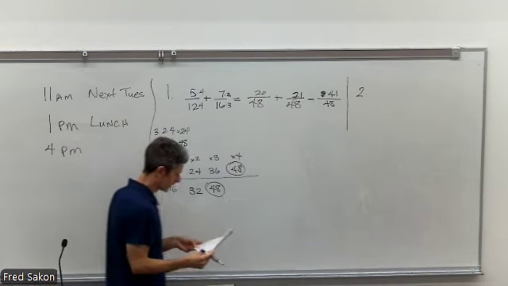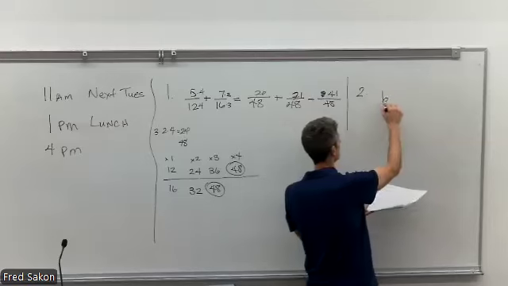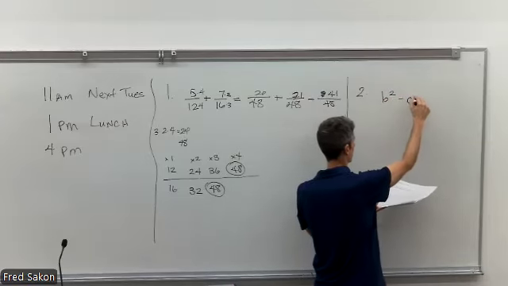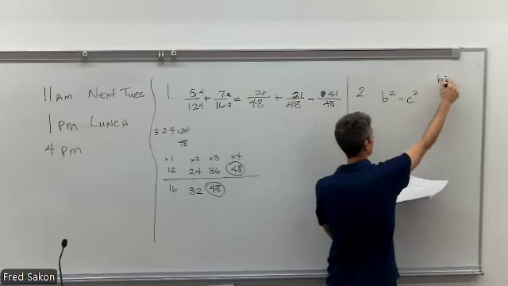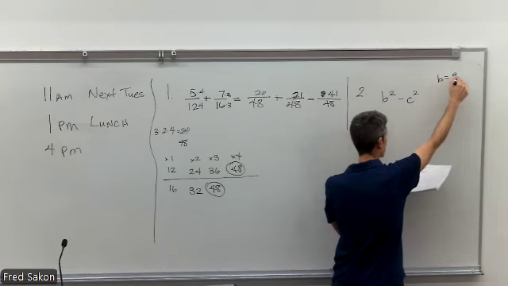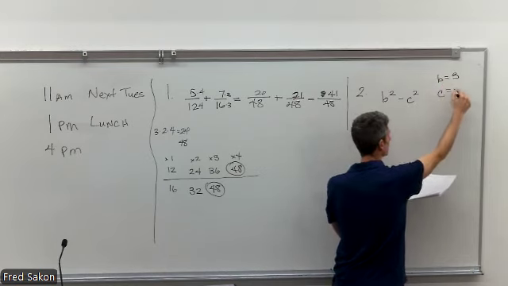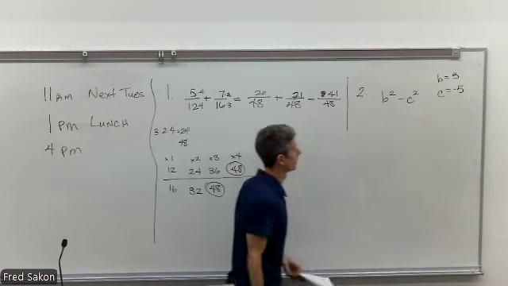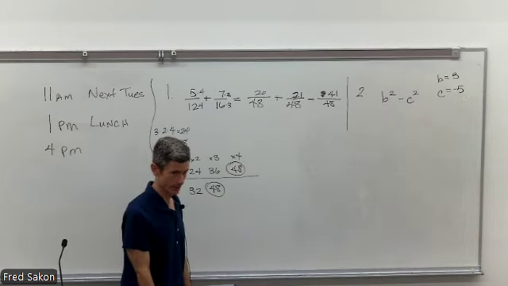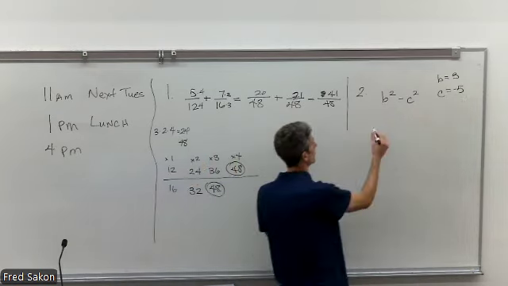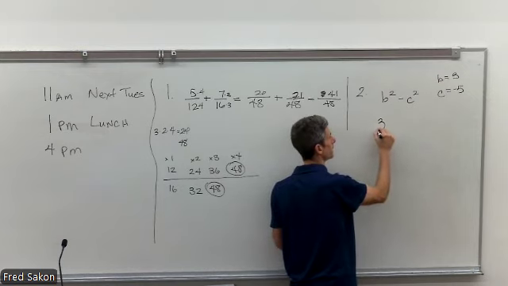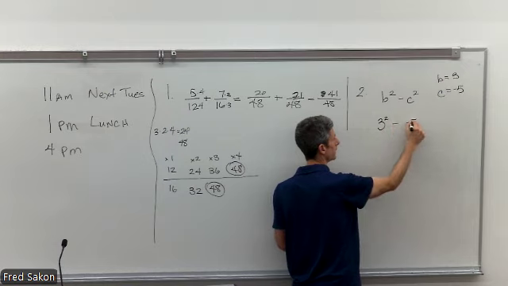The next one we have: plug in the given value. If b is 3 and c is -5, what do we get for b squared minus c squared? 3 squared minus -5 squared.